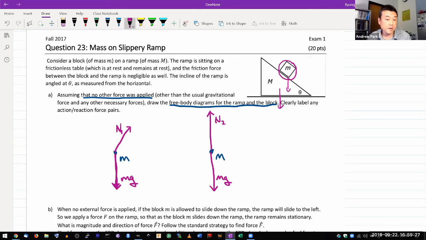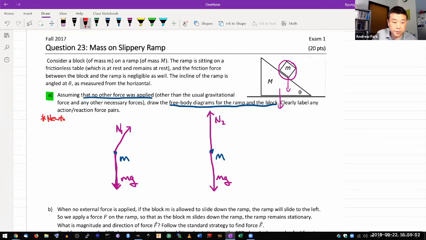And I think most people get up to this point, and this is the part that makes even part A here a bit of a tricky question that some people might not get everything right. You have to remember to do the Newton's third law check.